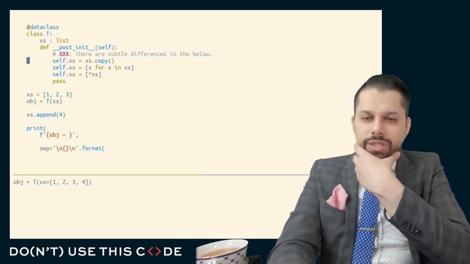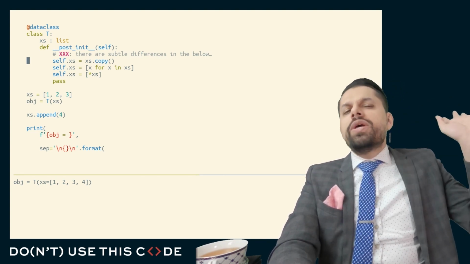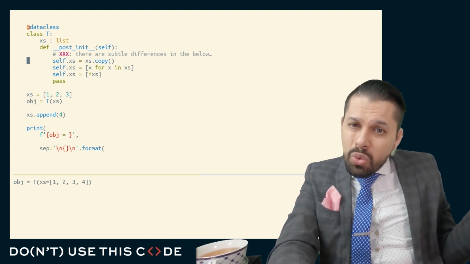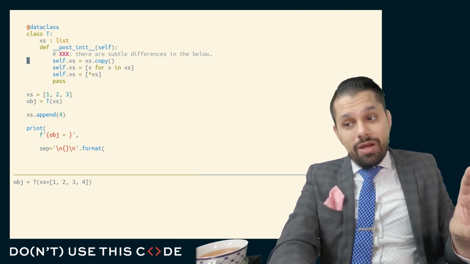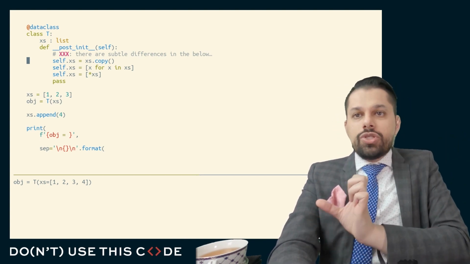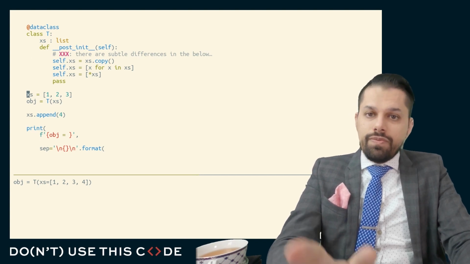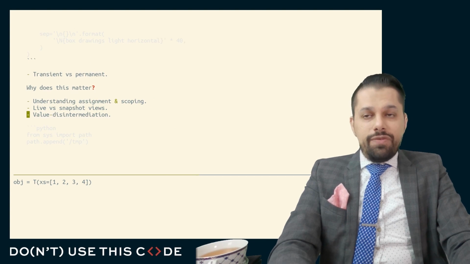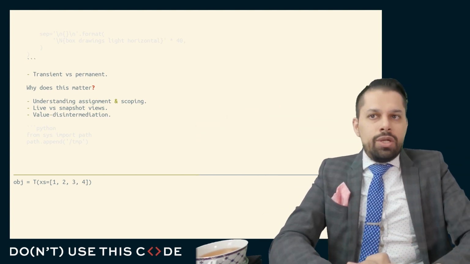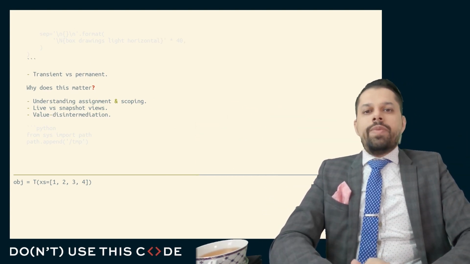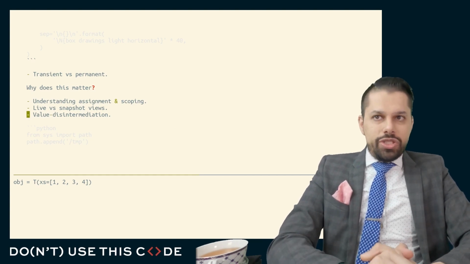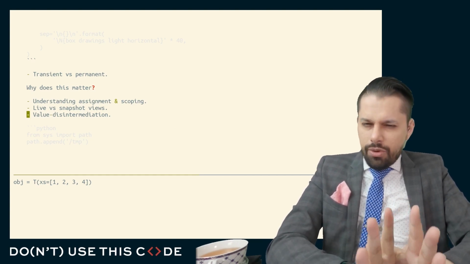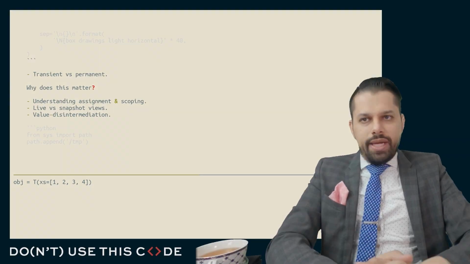And why I would say that there's no guidance of just always make a copy is, sometimes you want a live view, sometimes you want a snapshot view. And there's actually a very meaningful difference in terms of which of these you choose. This is why this is meaningful. And the last reason why this is meaningful is, clearly this ties very deeply into the idea of value disintermediation, which maybe in a future session we'll talk about in greater depth, because there's a lot of really interesting consequences of taking this approach.